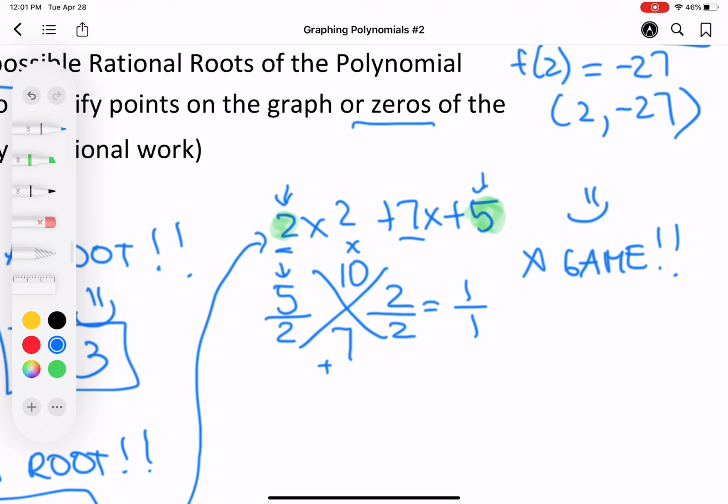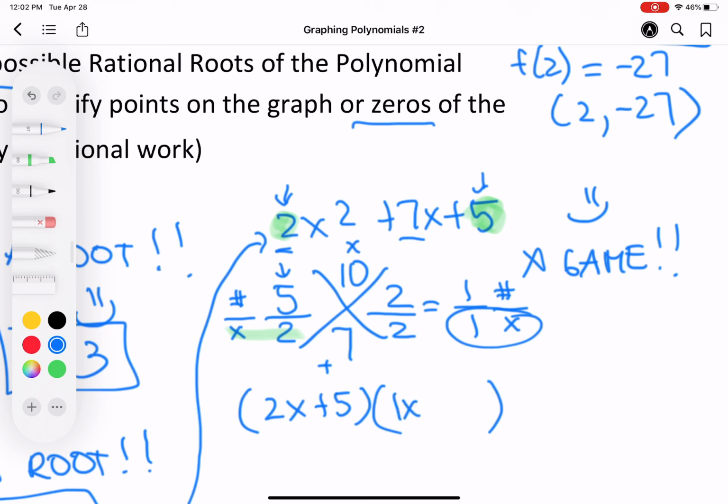So when we write it in factored form, this is our number, this is our x. This is our number, this is our x. So this would be here 2x. Now this is not a negative, so that means it's a positive 5. Same thing here, 1x, this is a positive 1, so plus 1. So these two are our factored form of this quadratic.